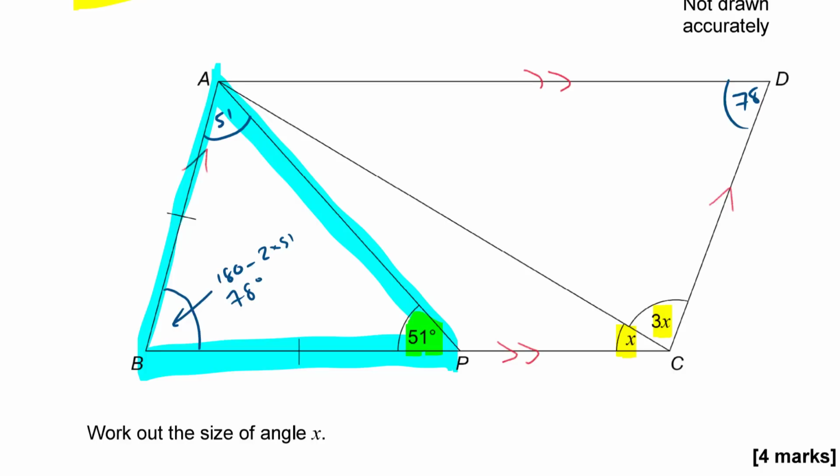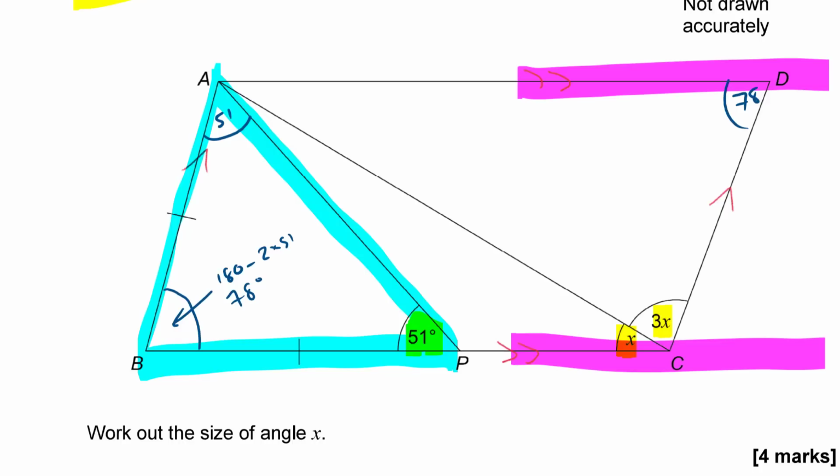I think the best way now is to use the properties of parallel lines. Now, if you've got a pair of parallel lines and a line crossing them, then that forms a bunch of angles. And you should know that you've got corresponding, alternate and supplementary angles. And here we've got a pair of supplementary angles, haven't we?